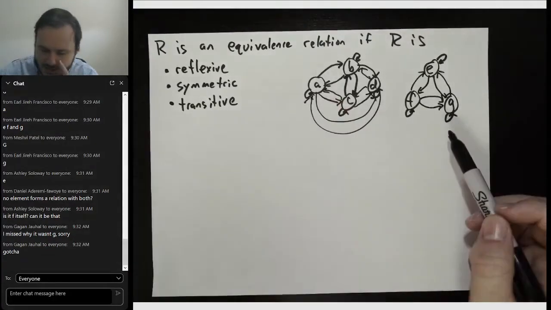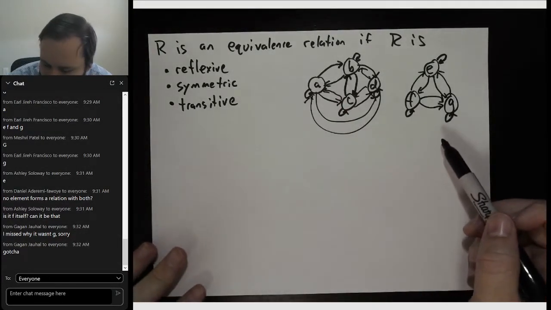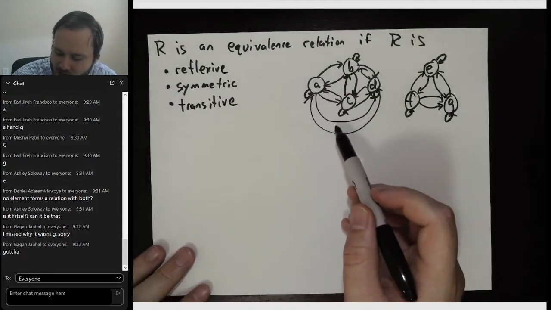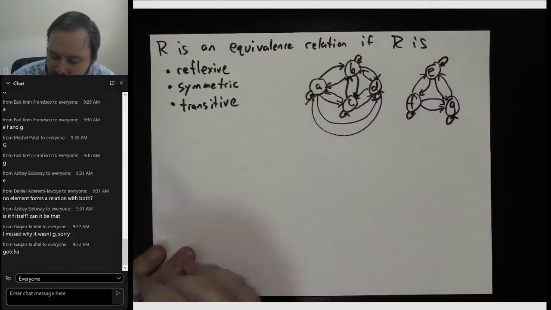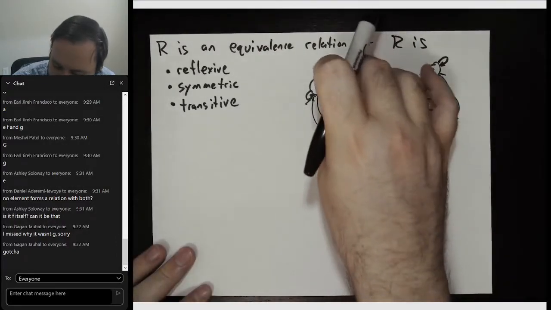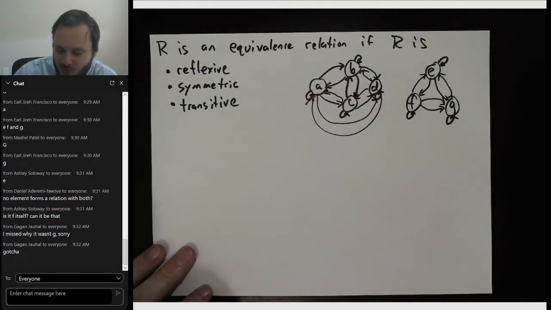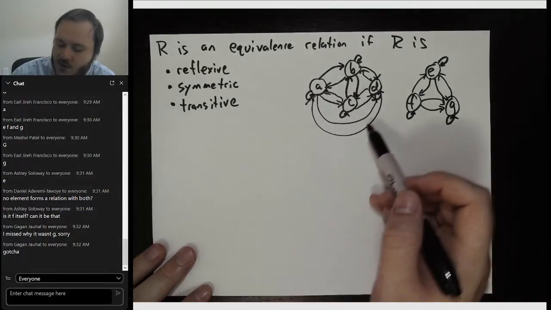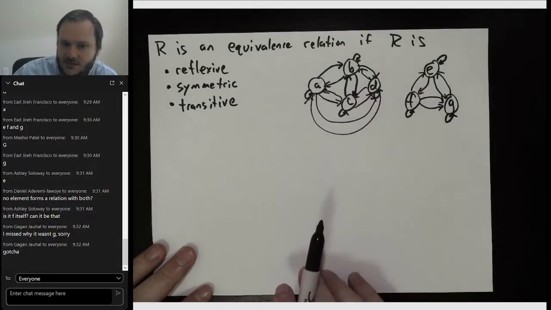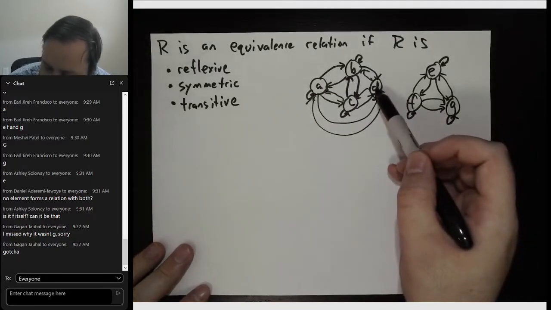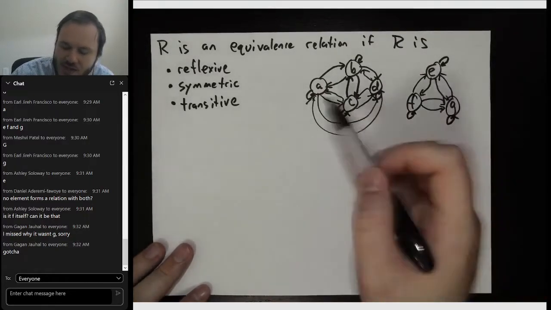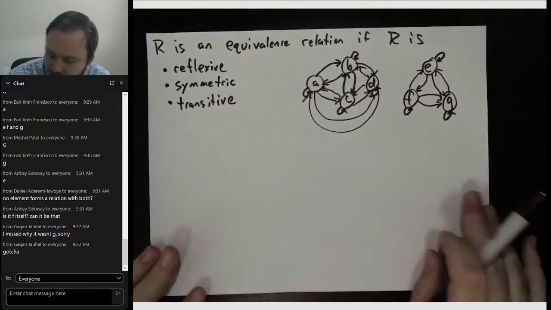But in the digraph of an equivalence relation, I either have a complete digraph. I have every possible arrow between two vertices in some component, or they're disconnected. Right? In an equivalence relation, there's no way to get from D to E unless everything is super connected.